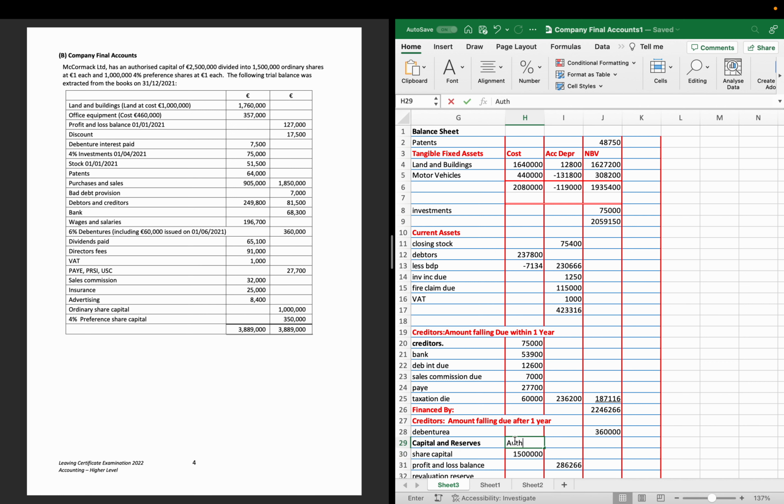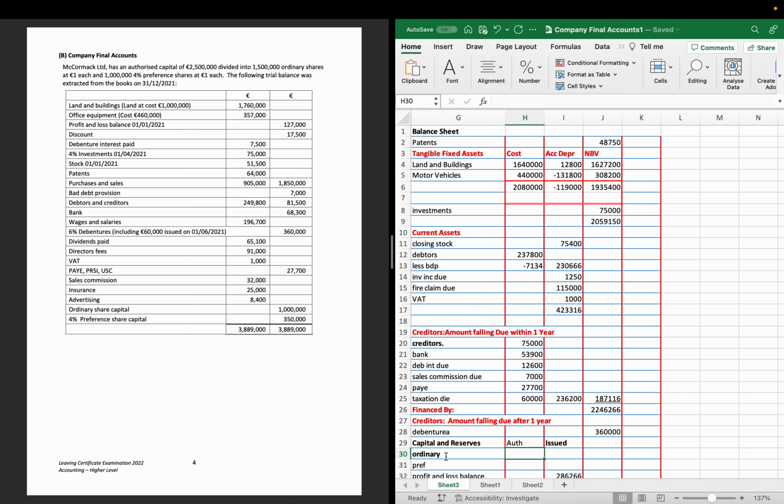So let's just say authorised and issued. I should have 2 lines for share capital, ordinary and preference.